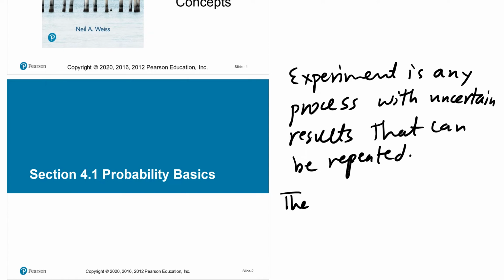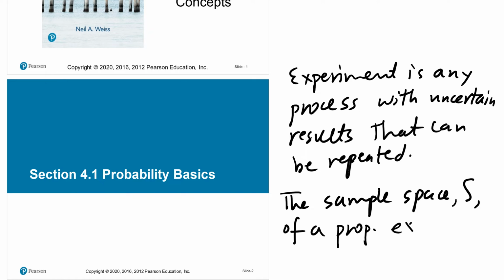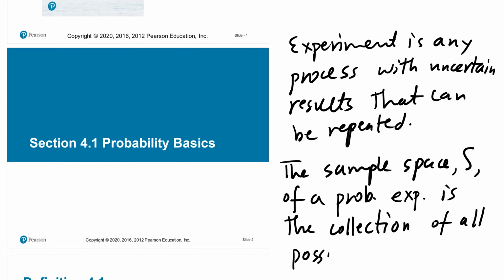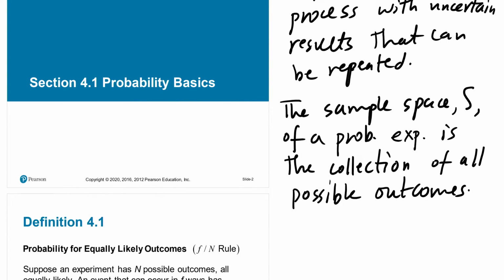The sample space, some people call it capital S, of a probability experiment is basically the collection of all possible outcomes. All the results. And what else do we need to know as definitions? Those are just introduction definitions.